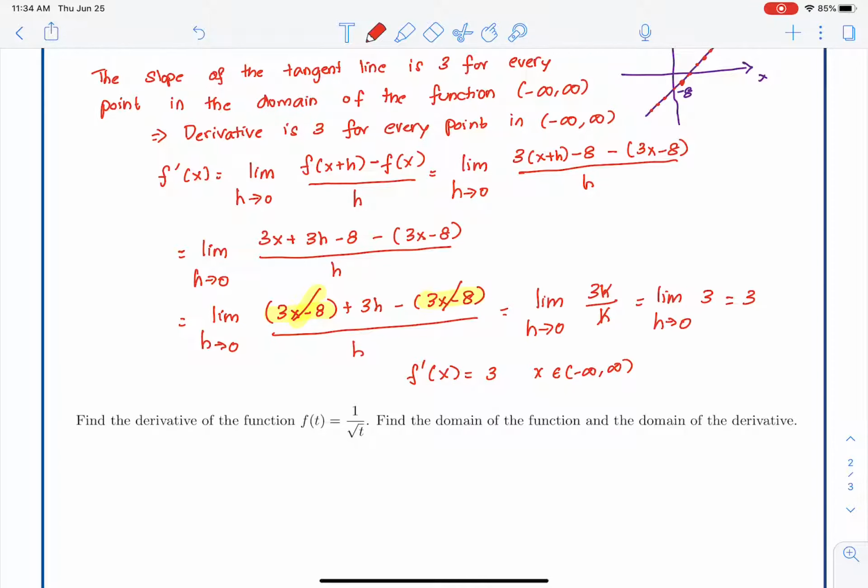So the derivative is 3. What we're trying to say here is the slope of the tangent line at any given point on this function is 3. So the derivative of this function 3x minus 8 at every point in the domain of the function 3x minus 8 is 3.